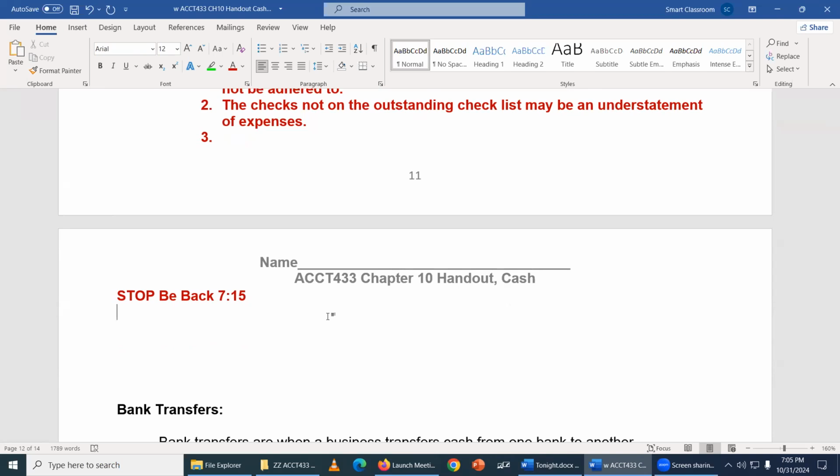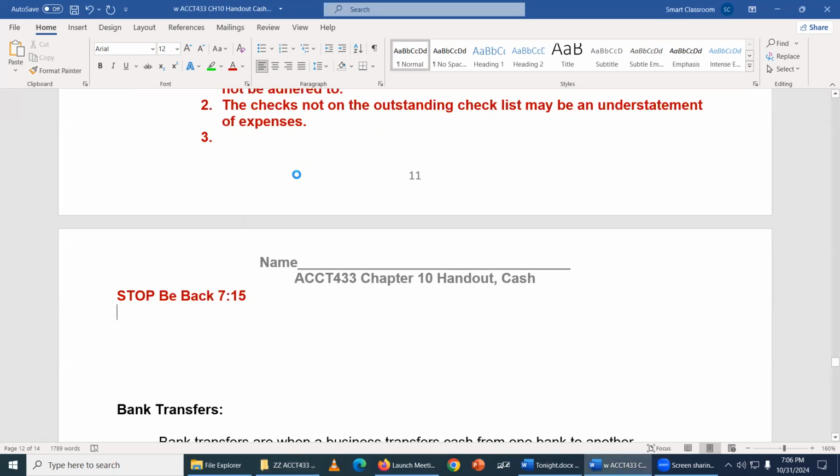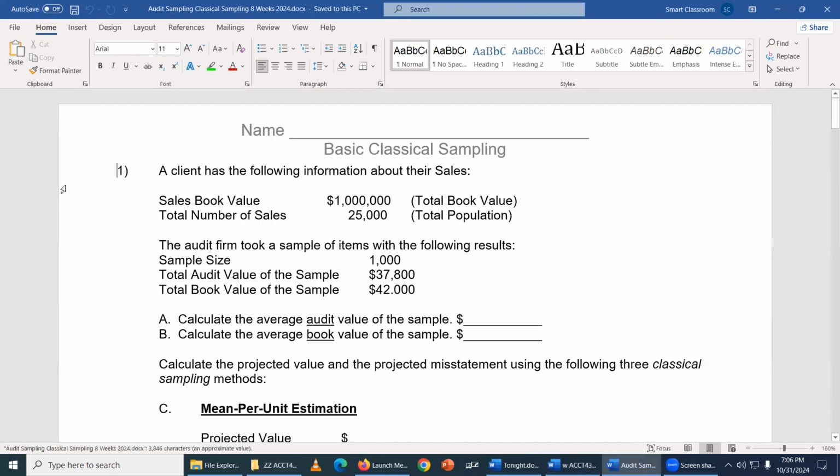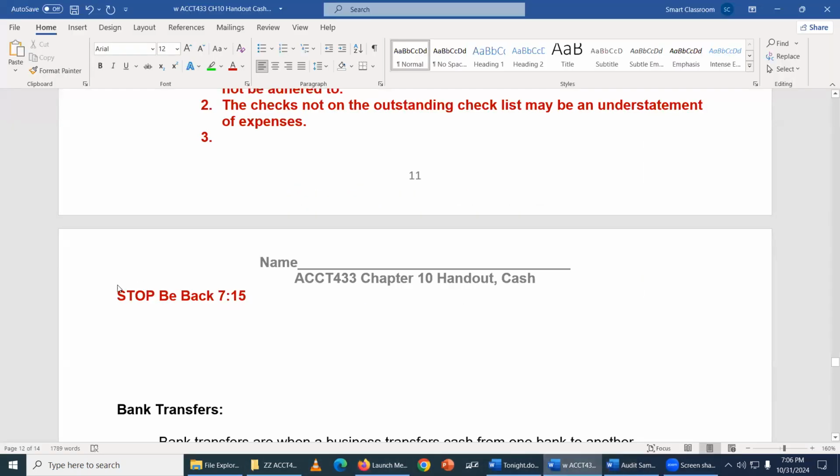We should at least get the first one done, and you guys can take off after that. Okay, so let's see. The next thing we're going to show, let me put it up, this will be the next thing we cover for those of you playing along at home. The zoomies. Okay, so we're going to stop here. Let's say be back at 7:15.